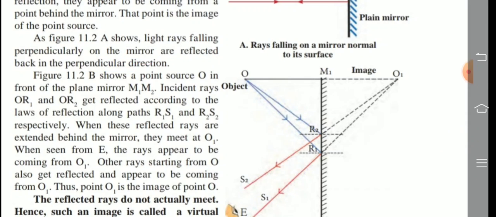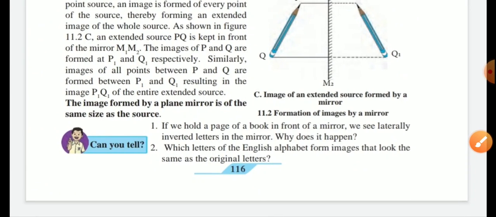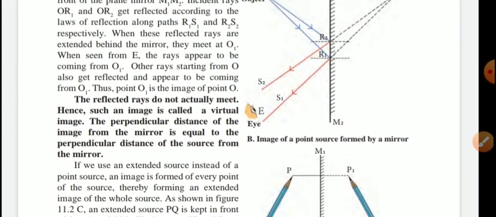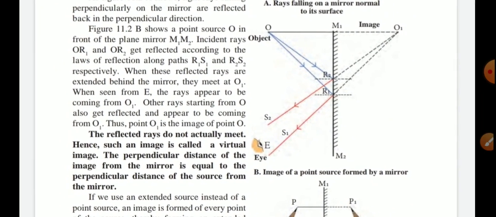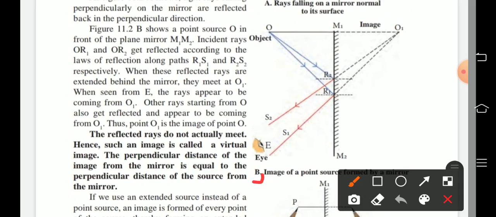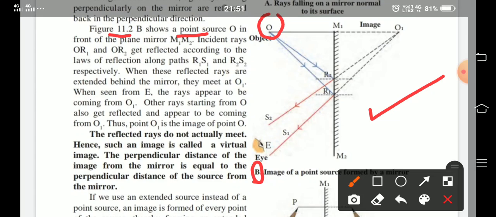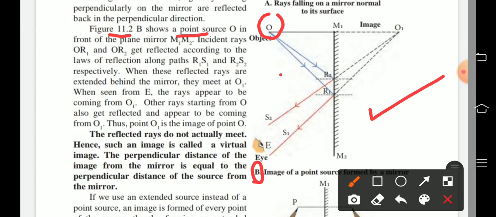Now the second figure, figure B. Check here. This is figure number B. Figure 11.2b shows a point source O. Where is it showing O? This is the point source O. Clear? Check.